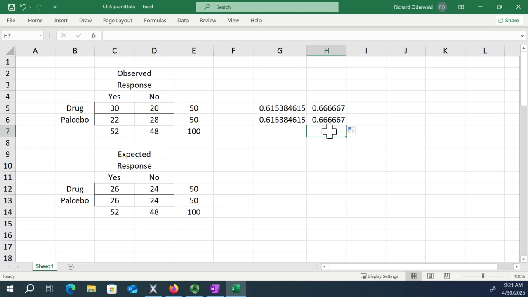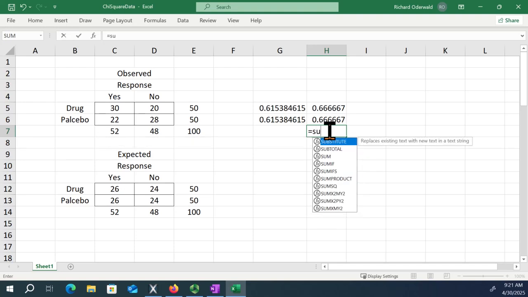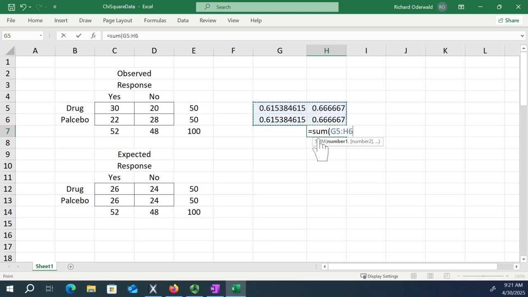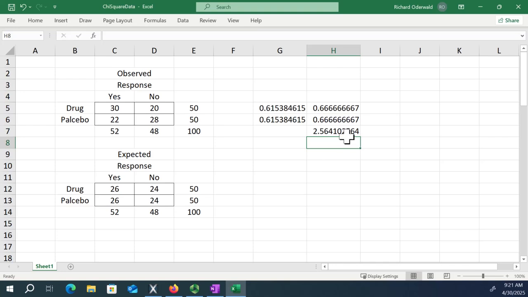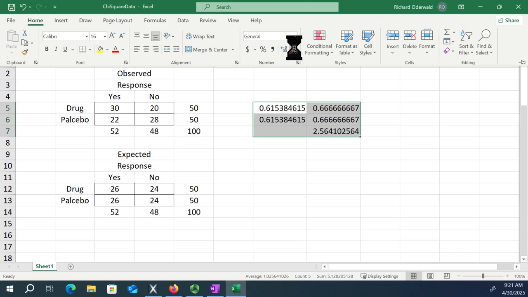And then we need the sum of these things. And we can get it all together here. So the chi-square value for this test, the test statistic, is 2.56. We don't need a whole bunch of decimals.